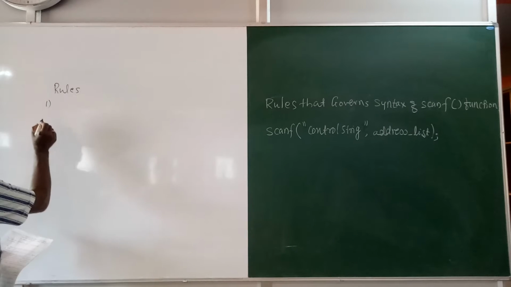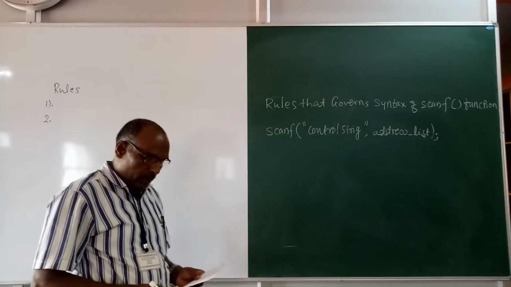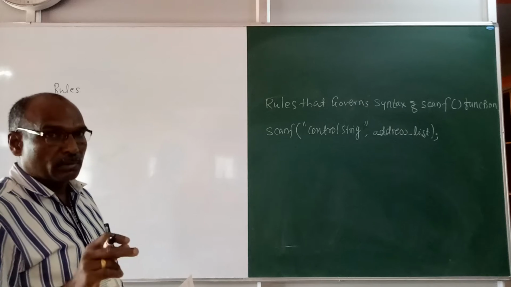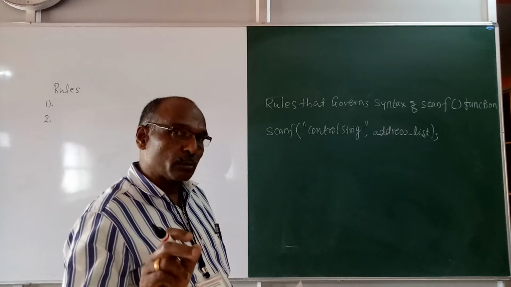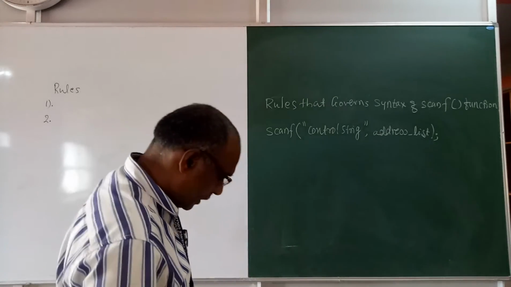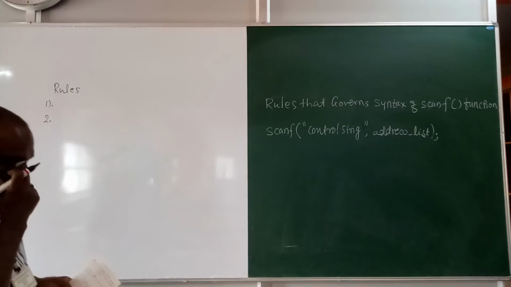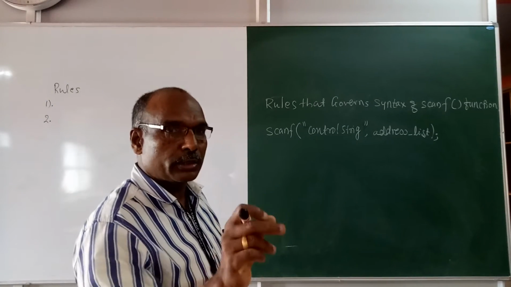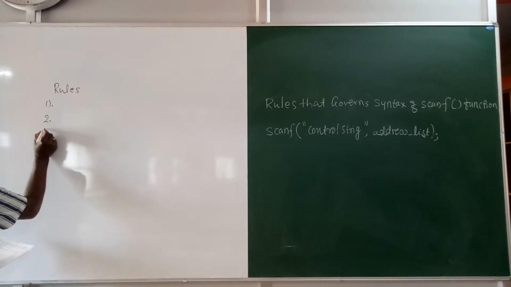The second rule: for every input variable, there must be one character group. What is the group and what is its meaning? Immediately we are writing a table for reference. For every input variable, there must be one character group, and that is in combination with the % symbol. Let us go for the third rule.